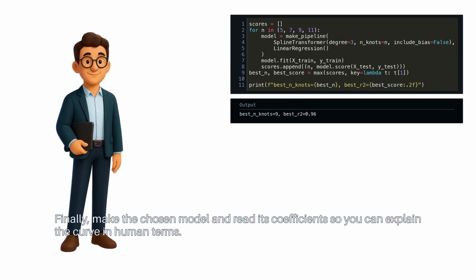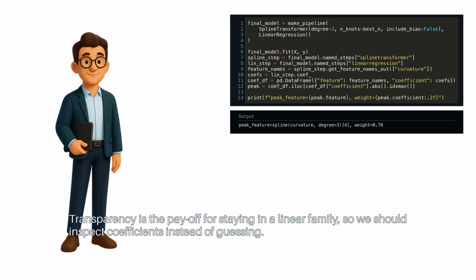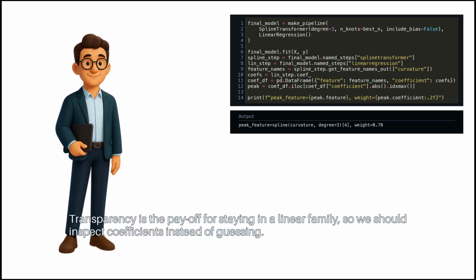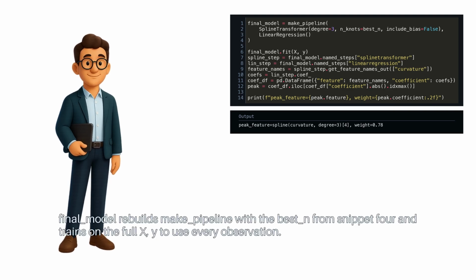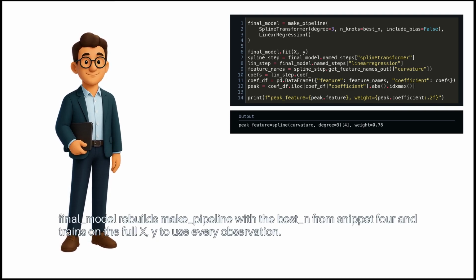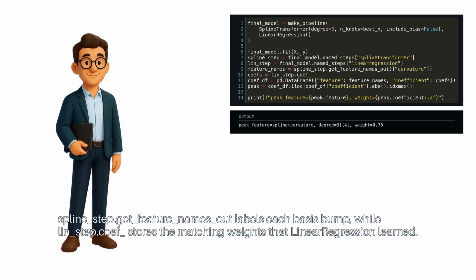Finally, make the chosen model and read its coefficients so you can explain the curve in human terms. This code reveals the dominant spline feature from the final scikit-learn pipeline, so you can explain the shape it captured. Transparency is the payoff for staying in a linear family, so we should inspect coefficients instead of guessing. The final model rebuilds make_pipeline with the best n from snippet 4 and trains on the full X, y to use every observation. spline_step.get_feature_names_out labels each basis bump, while lin_step.coef_ stores the matching weights that linear regression learned.